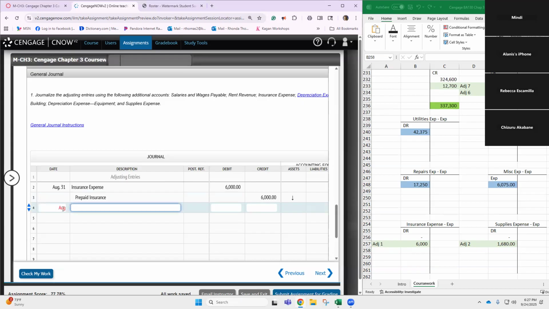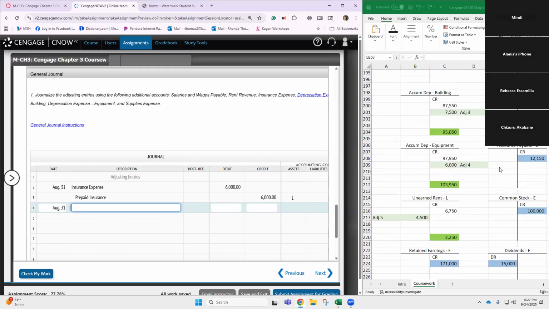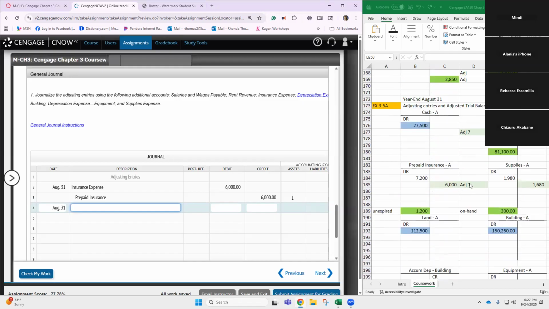All right, August 31st. That's our next entry that we're going to put in, so we might as well put the date in. That makes us feel good. We got something right. Okay, so we just made our first adjustment. If you want to put next to that debit in the insurance expense account, adjustment 1, that might be a good idea. So back up here in the prepaid insurance account, I put adjustment 1, so if you ever have to wonder what account, you know.